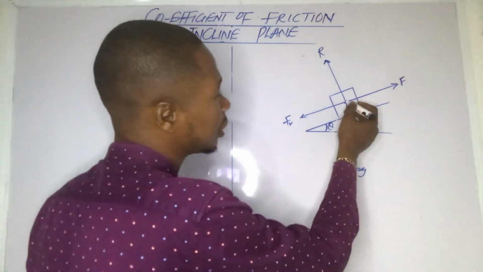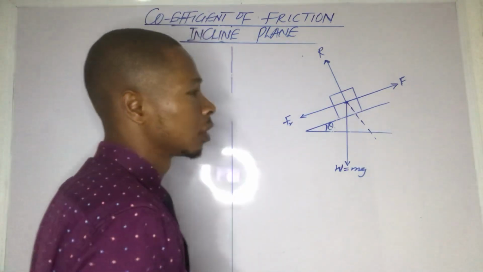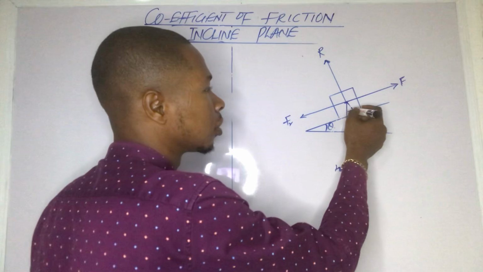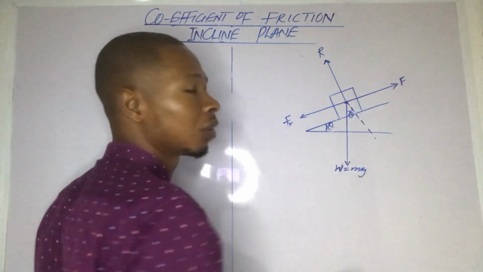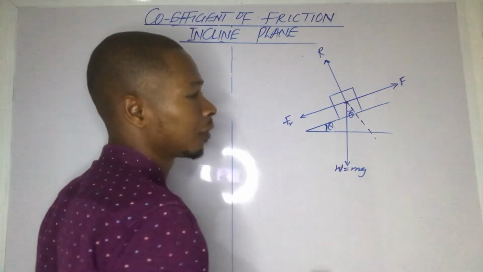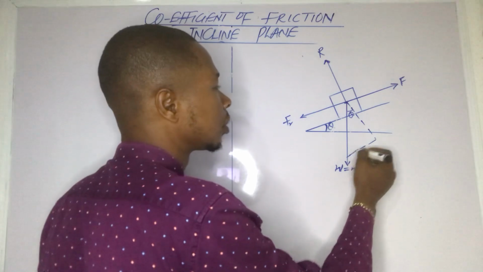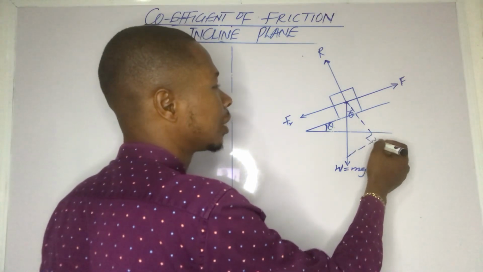If I project this line vertically, this angle will be theta, equal to this angle. From geometry, this angle here will be equal to the angle that is here. And if I complete this triangle, this will be my 90.